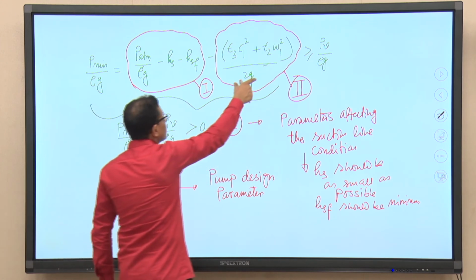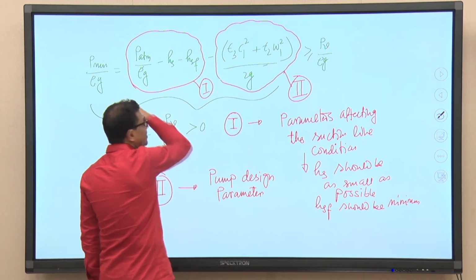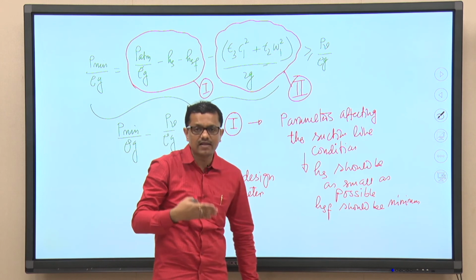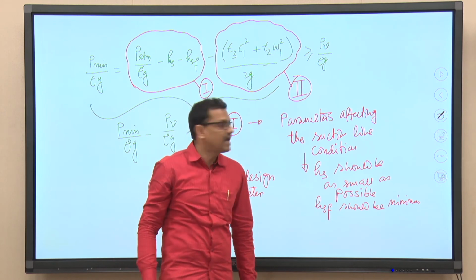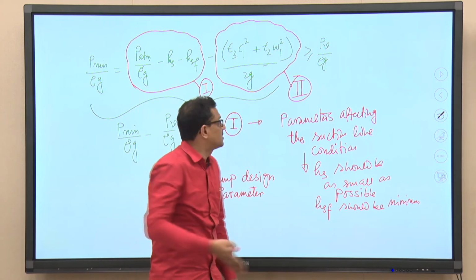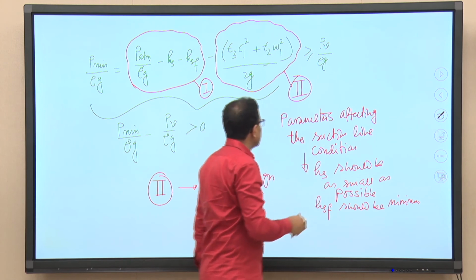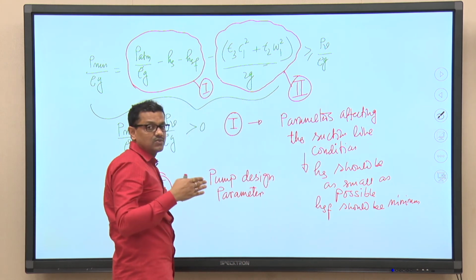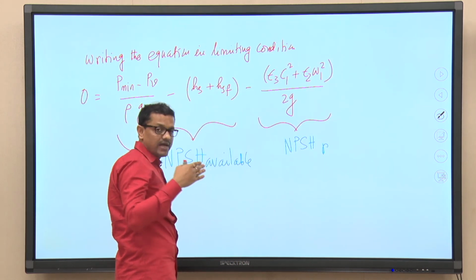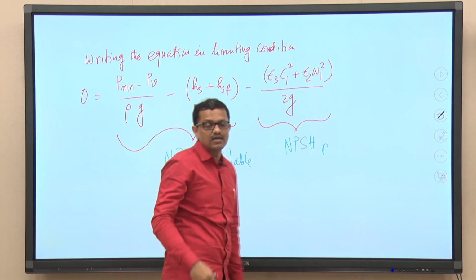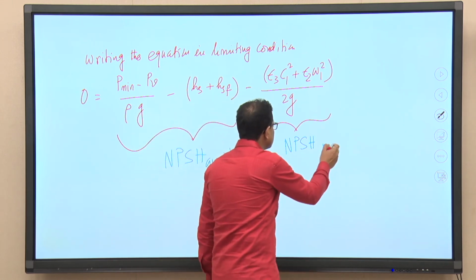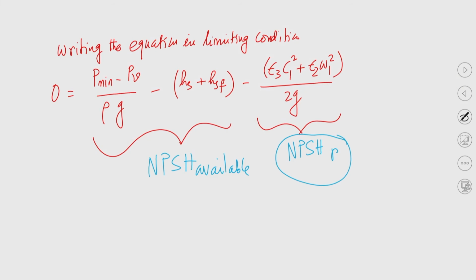P minimum by rho g available at point B would be minimum, and may even be lesser than P v by rho g. That is why a pump designer should take this into account by suitably selecting the inlet guide vane, so the NPSH required is also important in the context of cavitation.